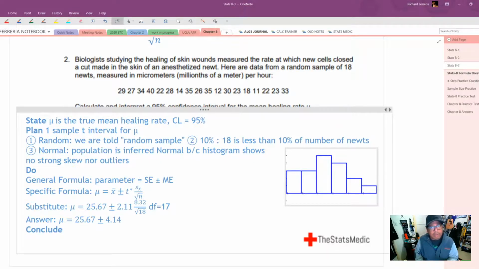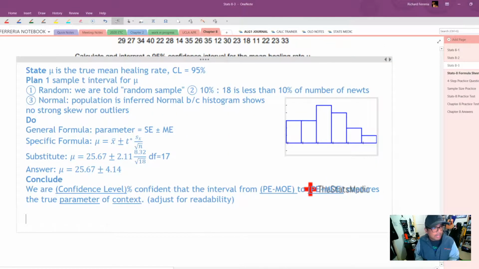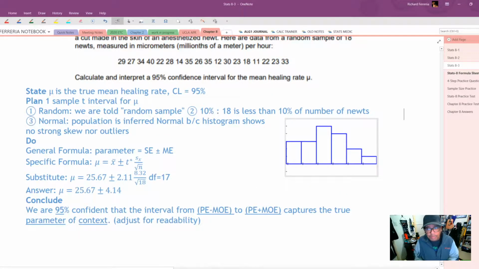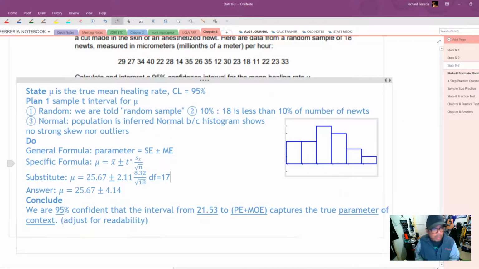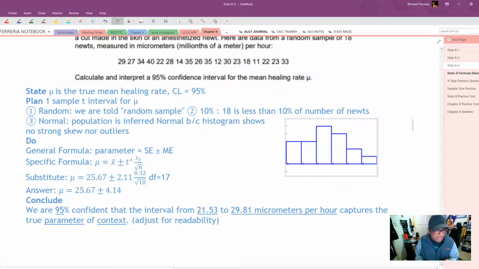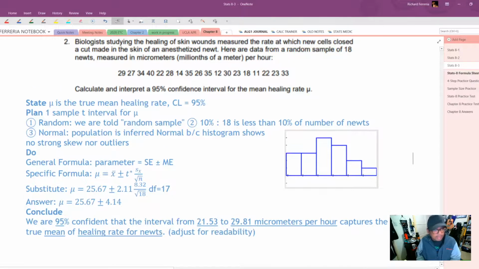Getting to the conclude part, let's copy and paste our sentence frame, and we'll start putting in our numbers. So we are 95% confident that the interval from 21.53 to 29.81 micrometers per hour captures the true mean of healing rate for newts. This is a little bit of extra here.